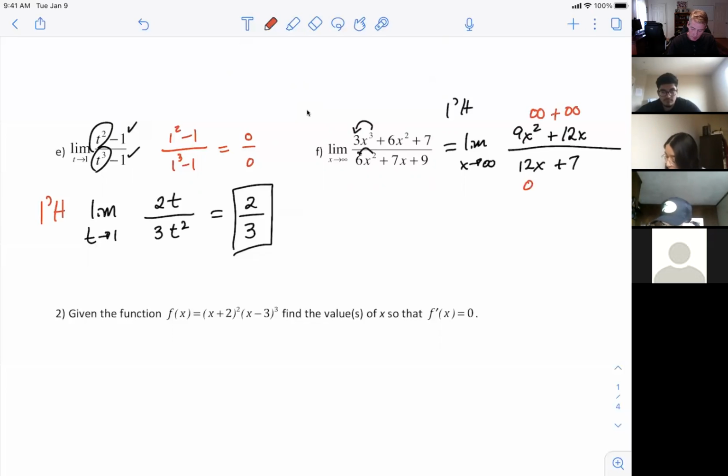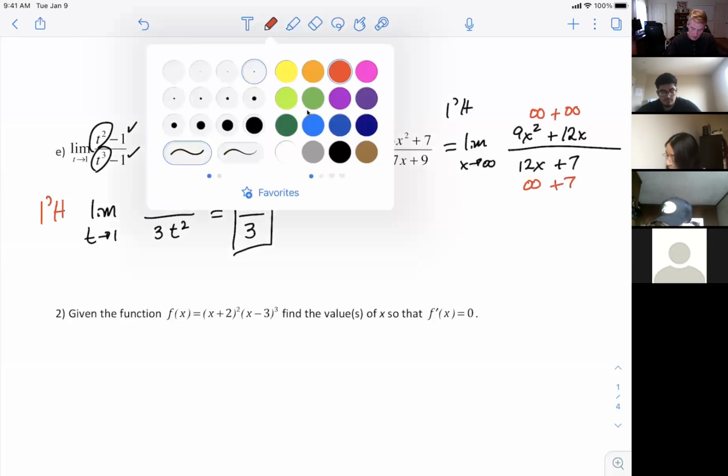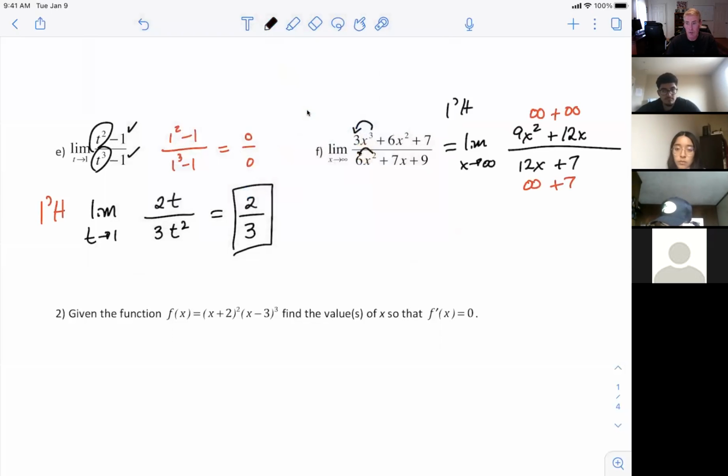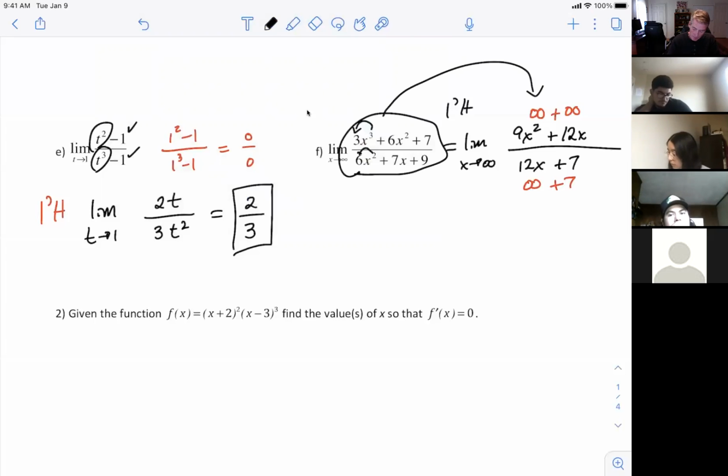On the bottom, it would be infinity plus 7, which is still infinity divided by infinity. That's the reason I wanted to do this one with L'Hopital's rule, because sometimes you have to use L'Hopital's rule several times in a row. Basically, what it did is it took a more complicated problem and made it simpler. But now we'll use L'Hopital's rule a second time to make it even simpler.